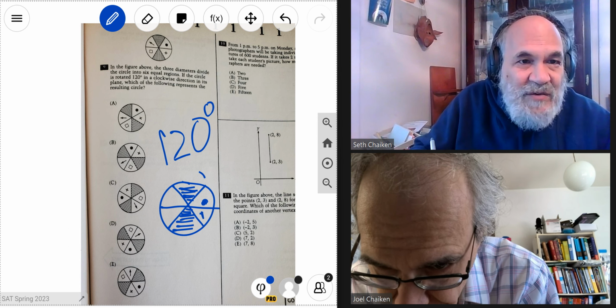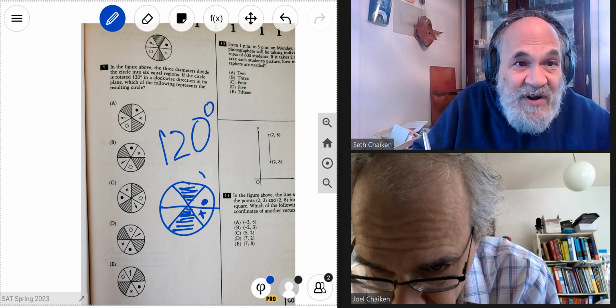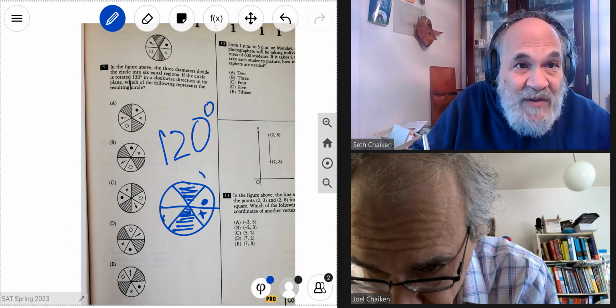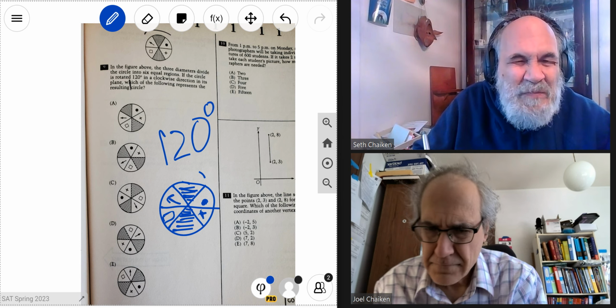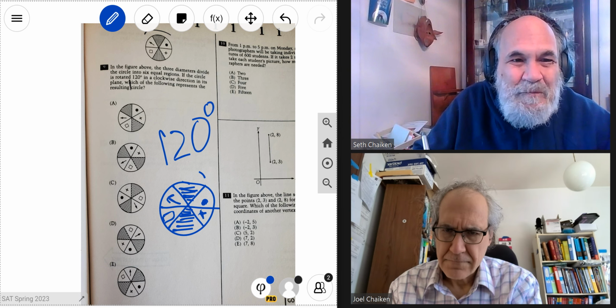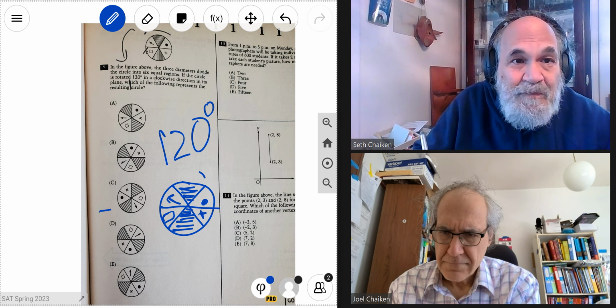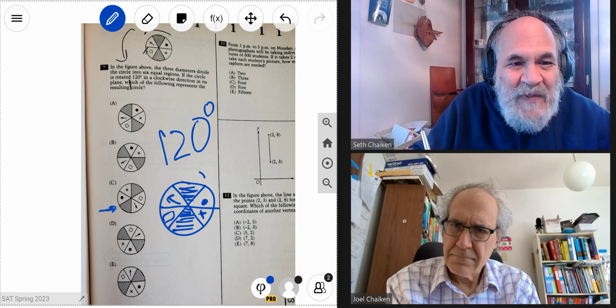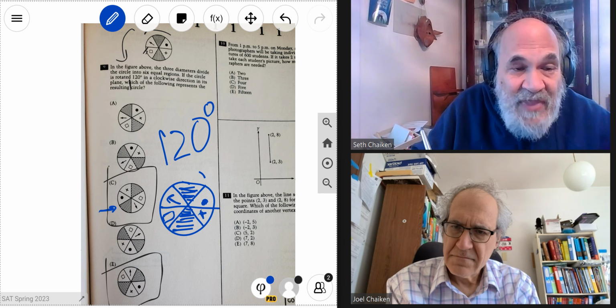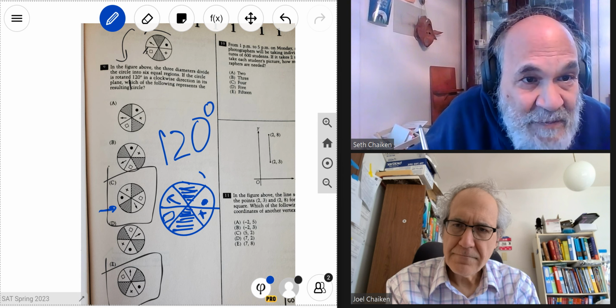So what I did was it starts out with the dark thing on the left. So you rotate it 120 degrees. What happens is the section on the left-hand side gets dark. And so it's either this one or this one. And which one can it be?